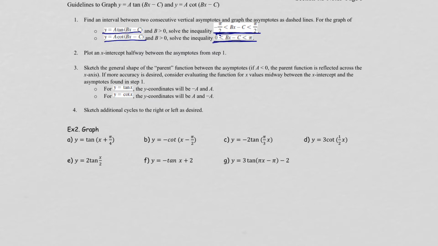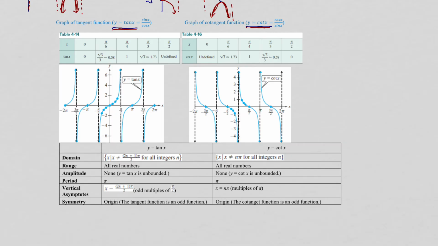The other one is using the graph. So when we're looking at this graph right here, the standard form of tangent, you're going to have vertical asymptotes at negative pi over 2 and pi over 2, 3 pi over 2.